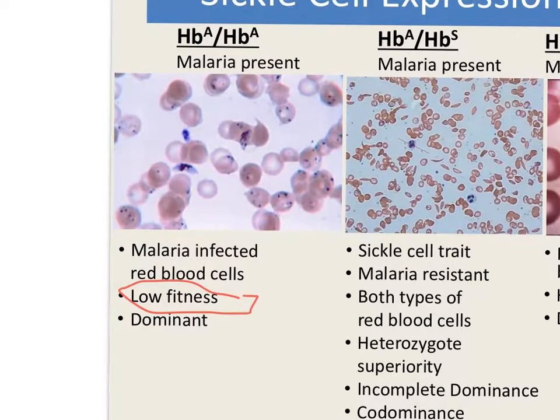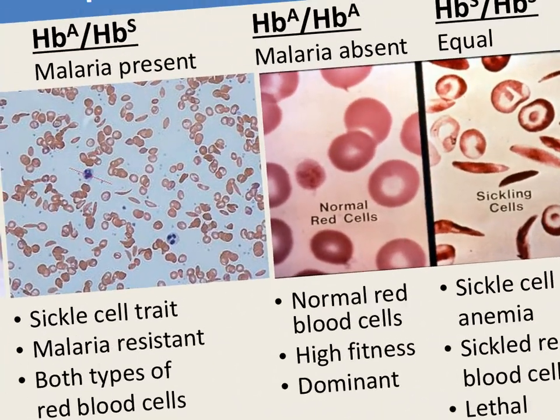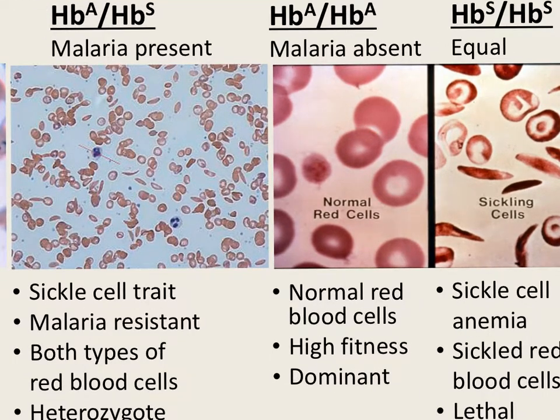Because they're all getting slaughtered from the malaria. Okay, malaria absent. So regular red blood cells, they carry the most oxygen. Okay.